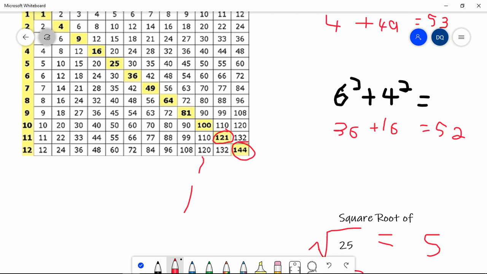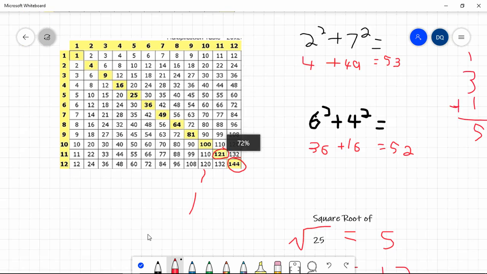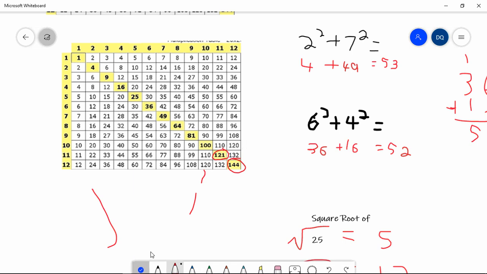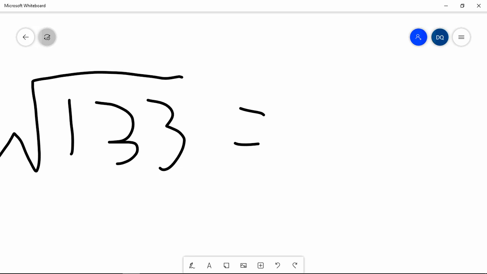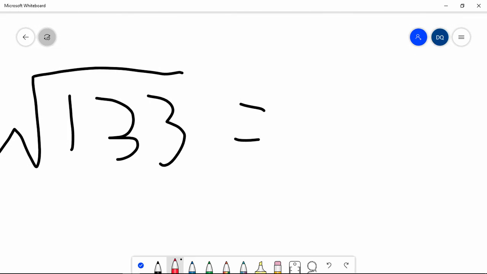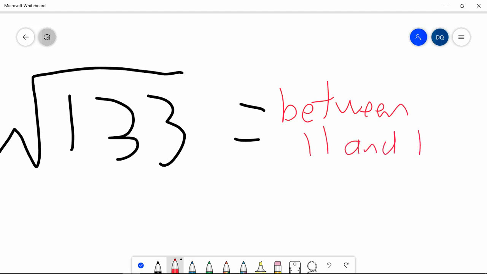So the square root of 133, all we can say at this point is that the square root of 133 is between 11 and 12. So that's going to be 11 point something. And the precise answer is that the square root of 133 is about 11.5.